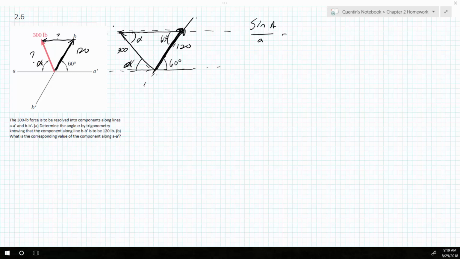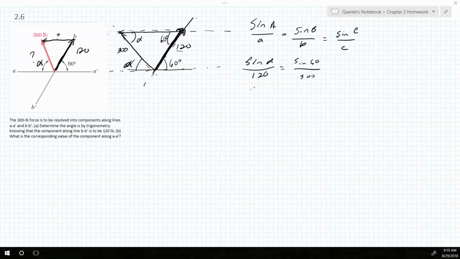So we're going to use the lovely law of sines, which basically says sine of A over A equals sine of B over B equals sine of C over C. So we know this one and this one, so we're going to say sine of alpha over 120 equals sine of 60 over 300.